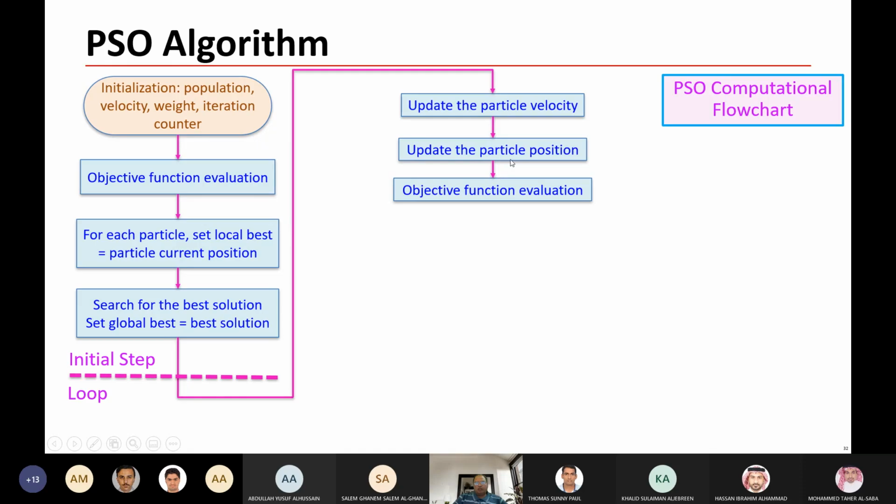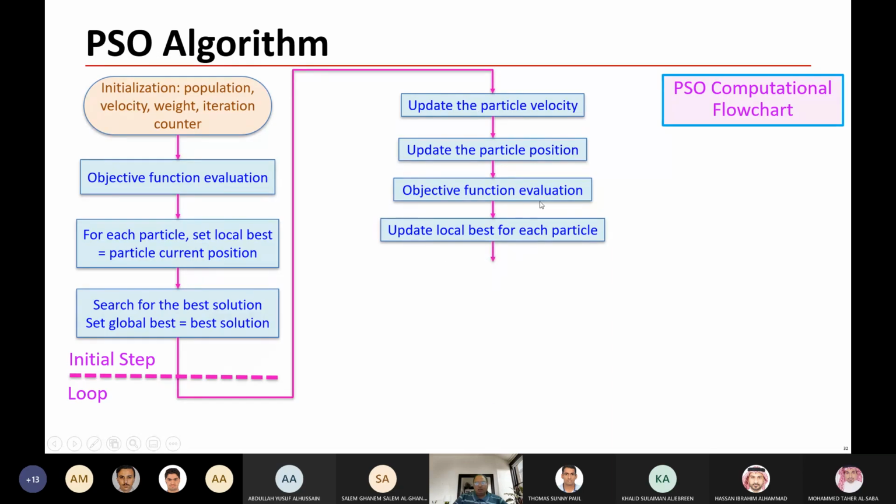And then you have new positions here. With the new positions, you can calculate the objective functions. Then you update the local best for each particle. Each particle can compare the current position with its local best, and then update the local best.